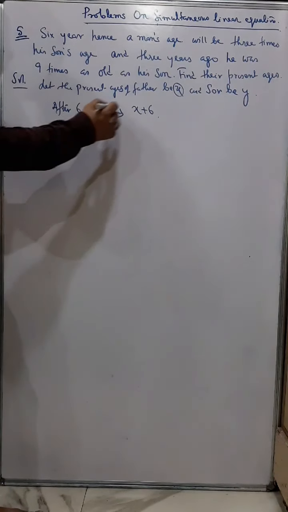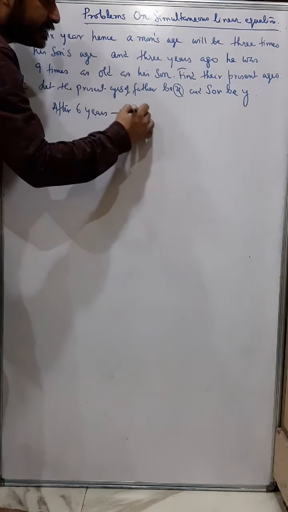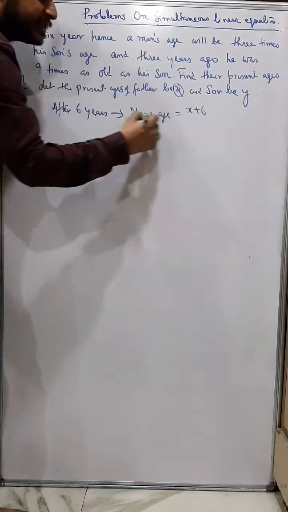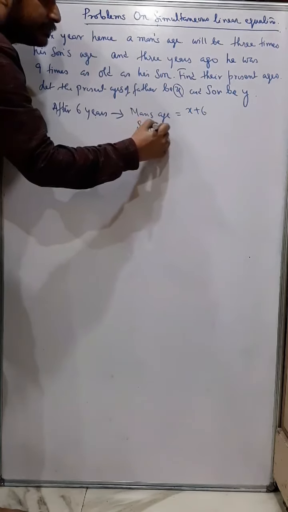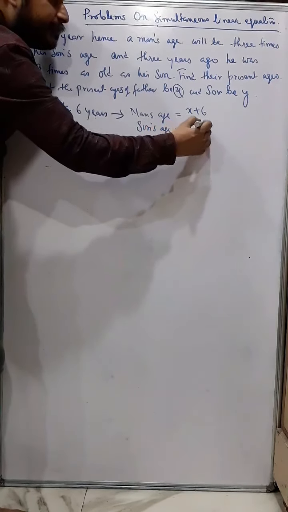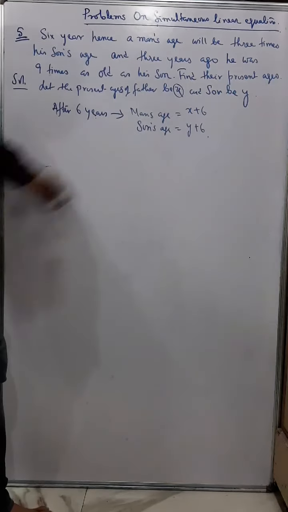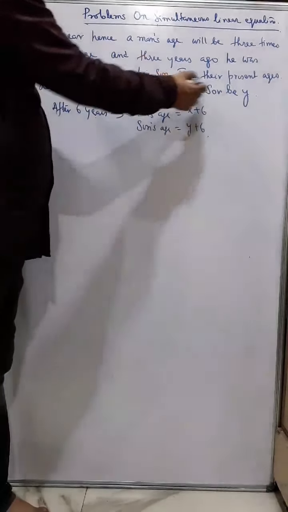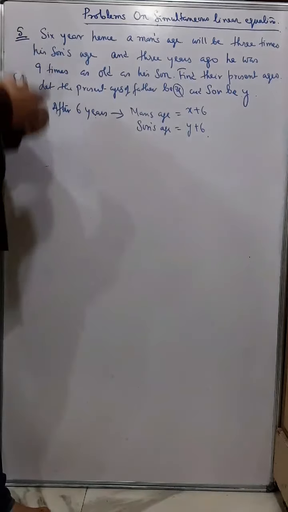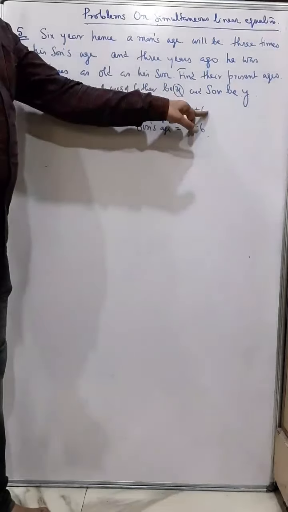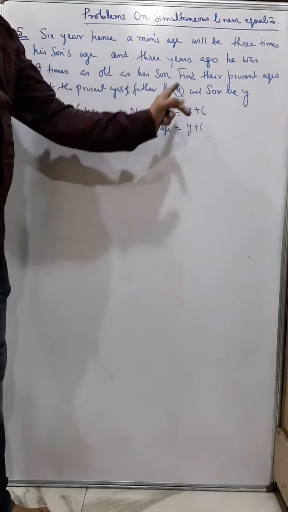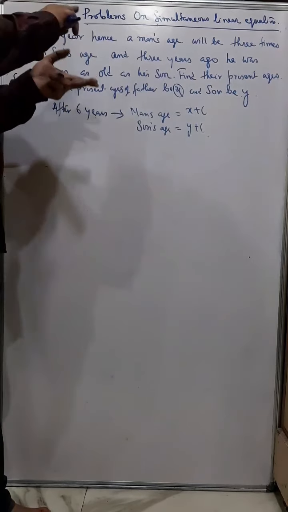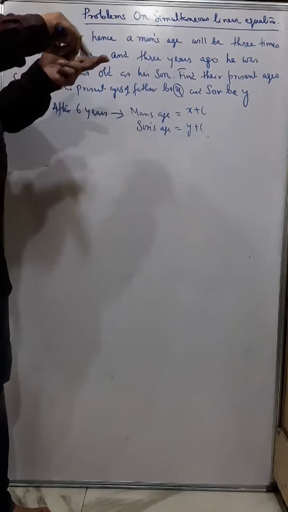After 6 years, the man's age is x plus 6 and the son's age will be y plus 6, and then I will put them in this relation. Because x and y are their present ages, from now after 6 years the man's age will become x plus 6, the son's age y plus 6. The relation they told is that the man's age will be 3 times the son's age.